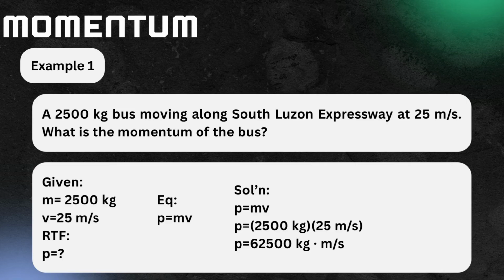Now, let's substitute the given values. The mass is equal to 2,500 kilograms, and the velocity is 25 meters per second. We multiply the two quantities. Then we will have 62,500 kilogram meter per second as the momentum.